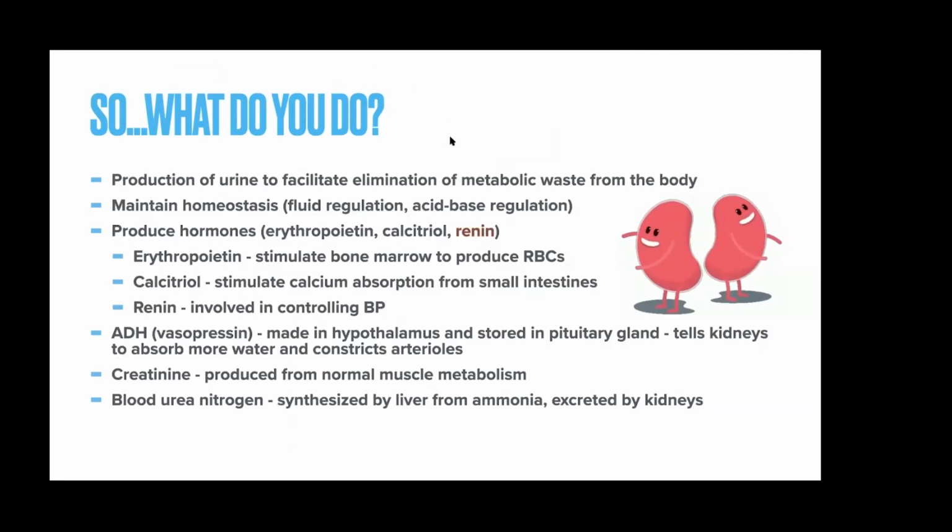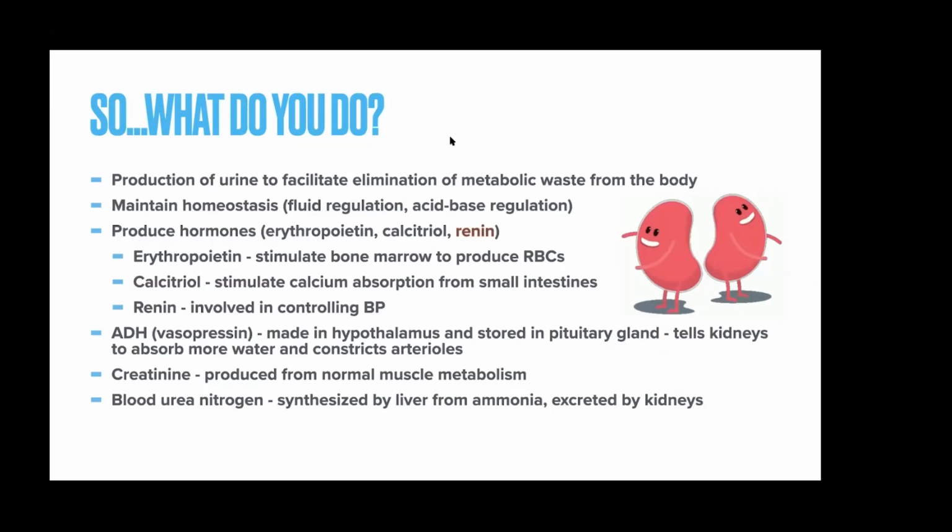Okay. So other than making urine, what does the kidney actually do? So, as we know, it produces urine to help facilitate elimination of metabolic waste from the body. What it also does is maintain homeostasis, so that's fluid regulation and acid-base regulation. One of the most important things that it does is produce three very important hormones.